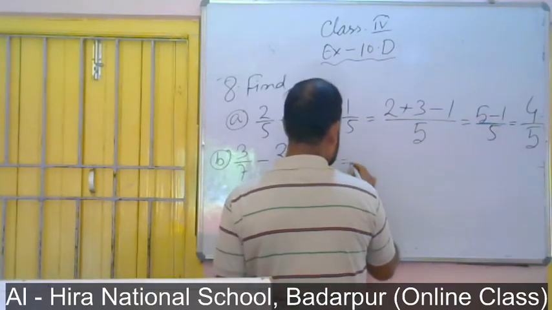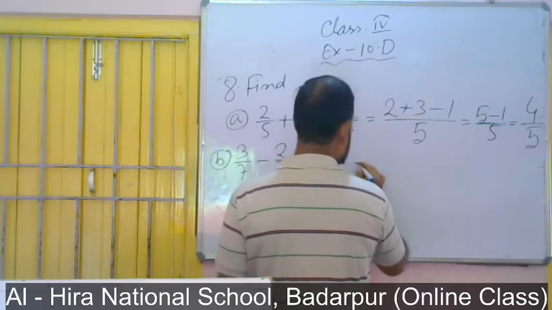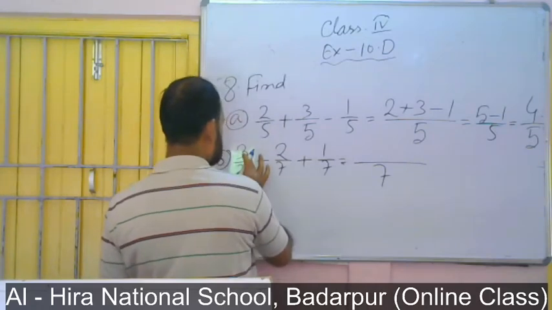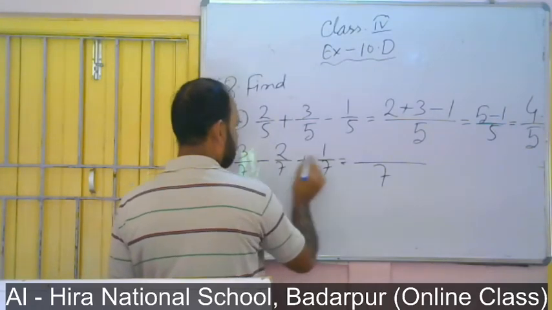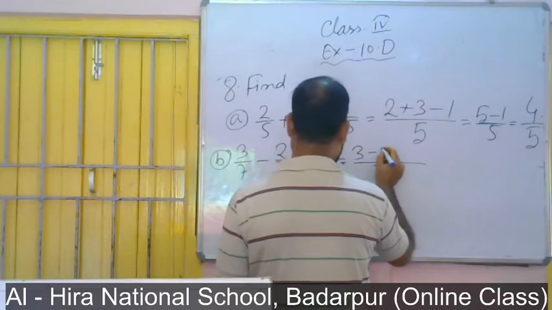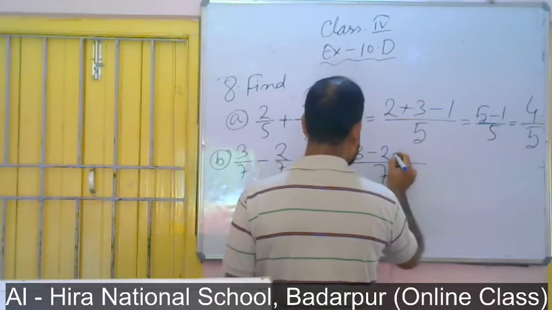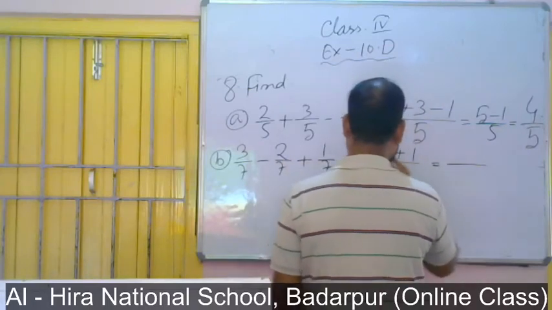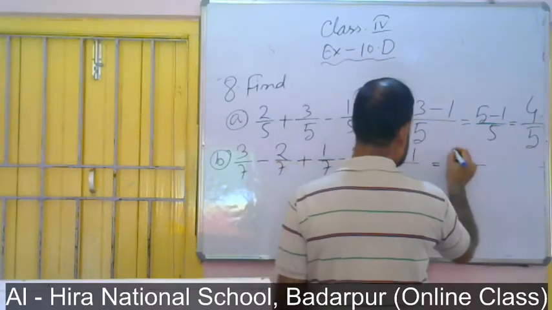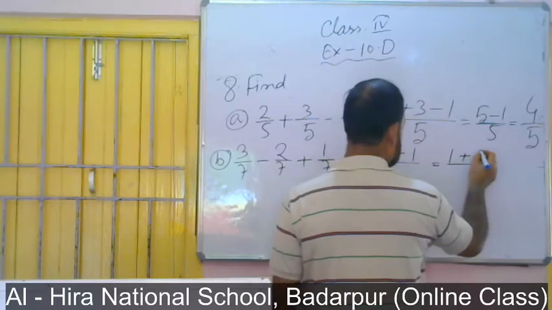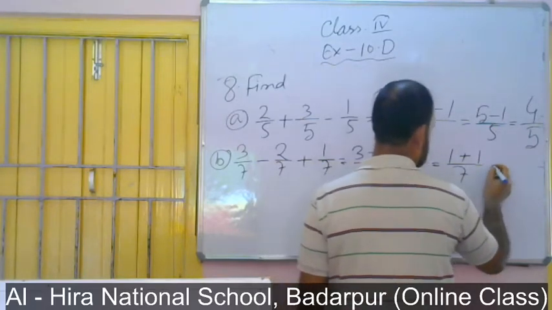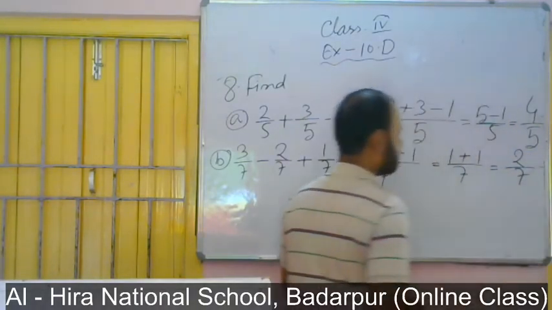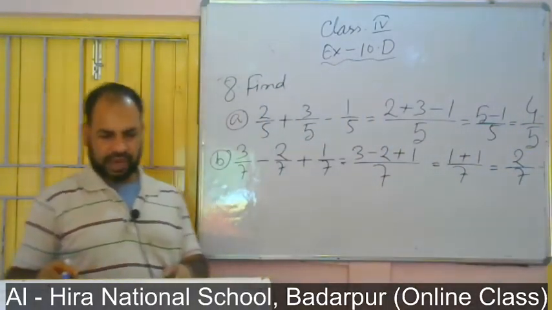Here 7 is the common denominator, and 3 minus 2 plus 1. Now 3 minus 2 is equal to 1. Then we add the remaining 1 by 7. 1 plus 1 is 2 by 7. The answer is 2 by 7.